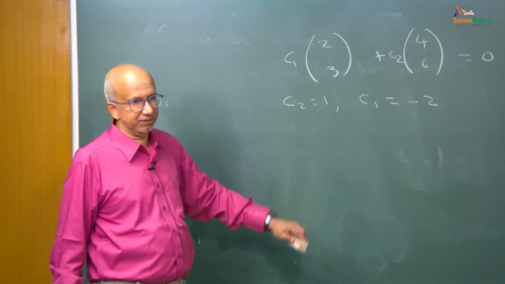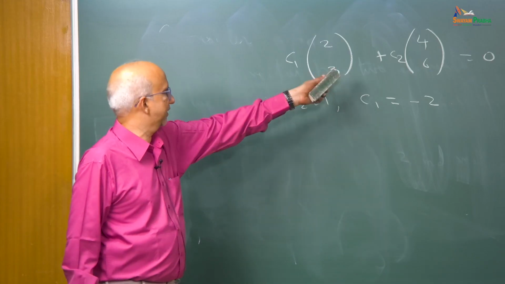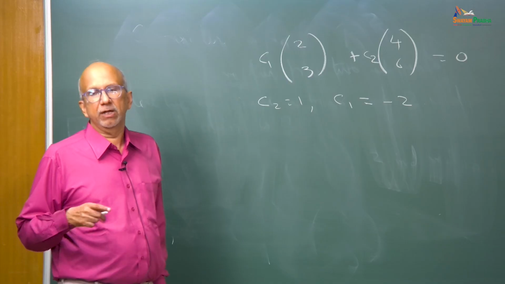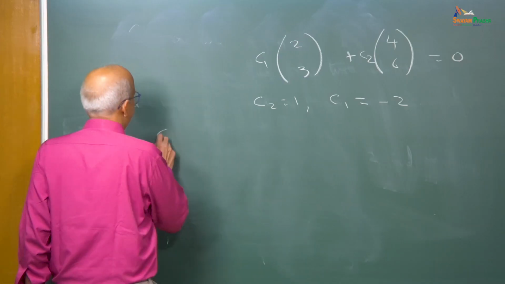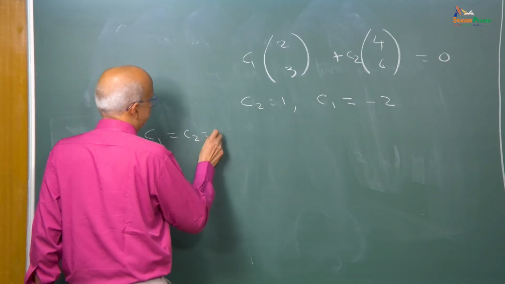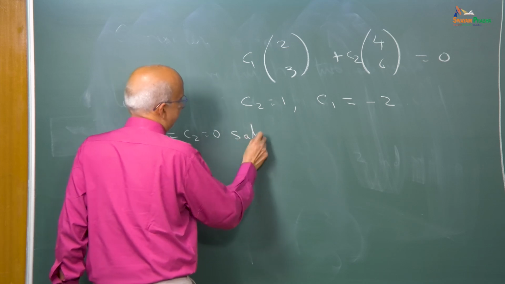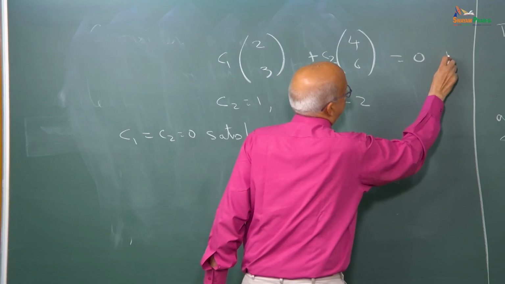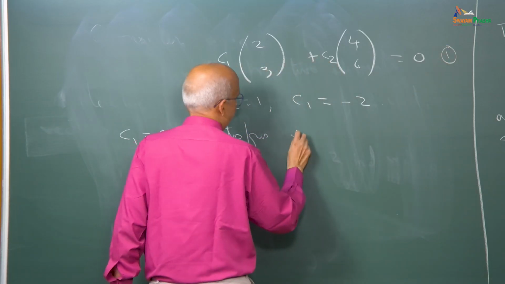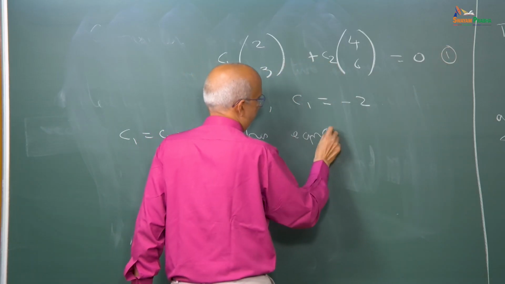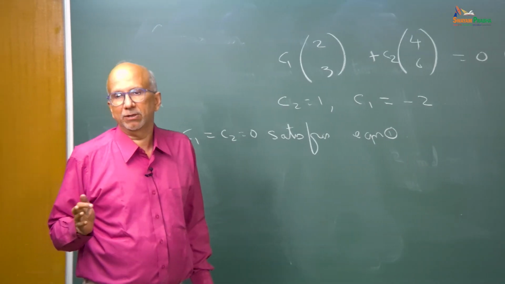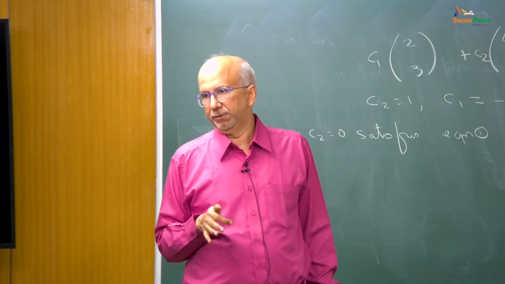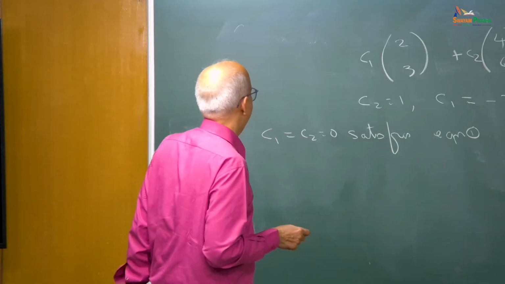That will satisfy this, because this is double of this. Of course, C1 equal to C2 equal to 0 satisfies; this is, let us say, equation 1. But the question is, can there be a non-zero Ci? And the answer is yes.